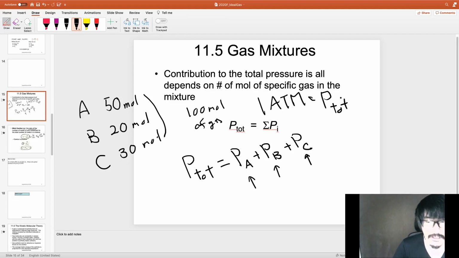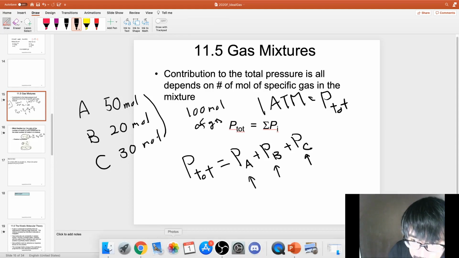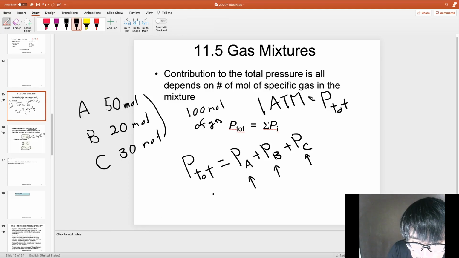Then what is each one of these? The mole fraction of A is 50 over 100, multiplied by 1, that's equal to 0.5 atm.